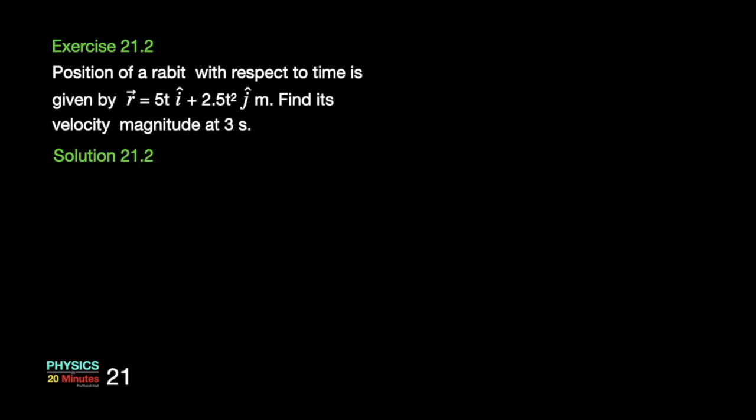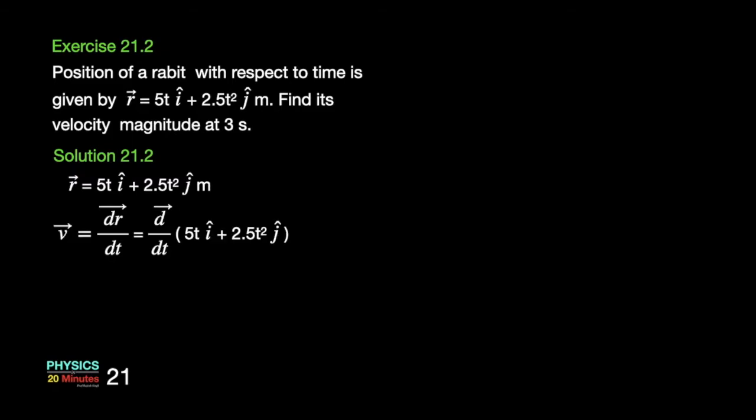Here goes the solution. The vector r is 5t i cap plus 2.5 t square j cap meter. The instantaneous velocity is the derivative of the position vector. So you can take the derivative of the above equation. Once you take the derivative, you get vector v as 5 i cap plus 5t j cap.